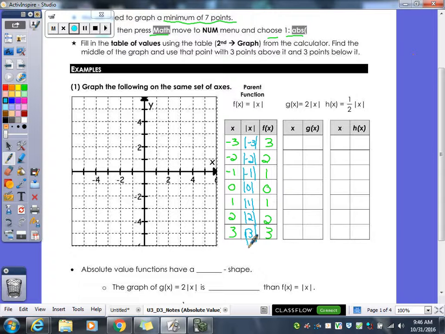So once you have your points on your table, you can go ahead and plot them. So -3, +3. I'm going to put my first point. -2, +2. -1, 1, 0, 0.